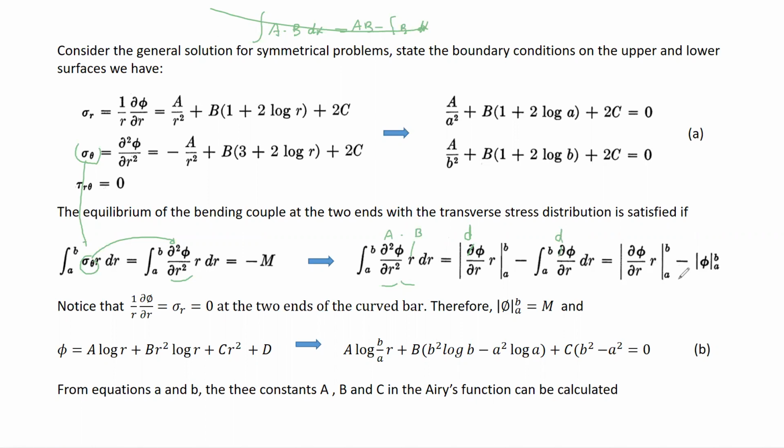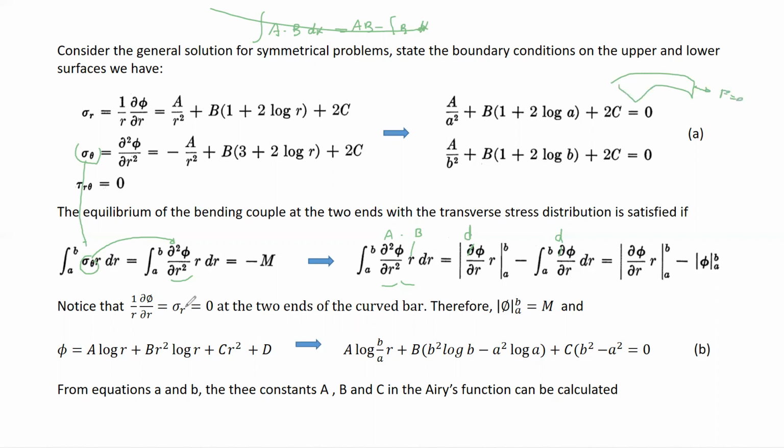Simplify that, you end up with this, and notice that 1/r d phi with respect to dr is equal to sigma r, equal to 0 at the two ends of the curve. We know that the boundary condition at the two ends was such that the forces here should be 0.